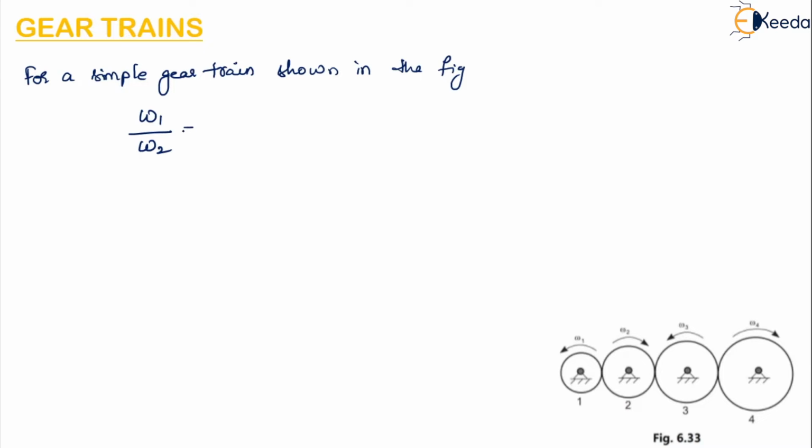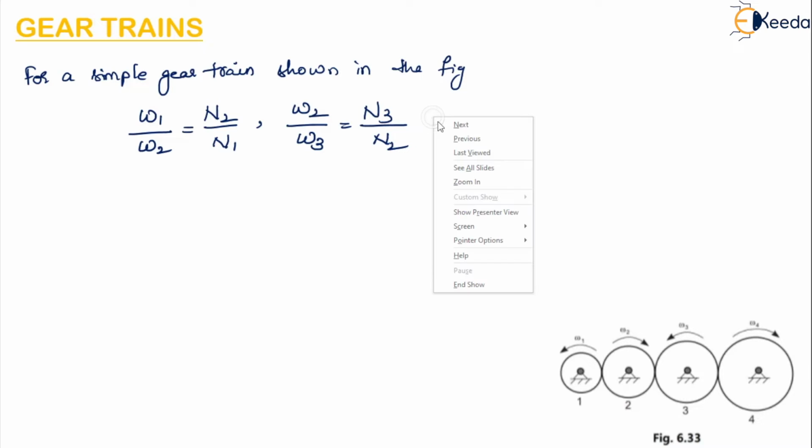It is inversely proportional to the number of teeth, n2 divided by n1, and omega 2 divided by omega 3 is equal to n3 divided by n2. So you can see the ratio of number of teeth is inversely proportional to the velocity ratio.